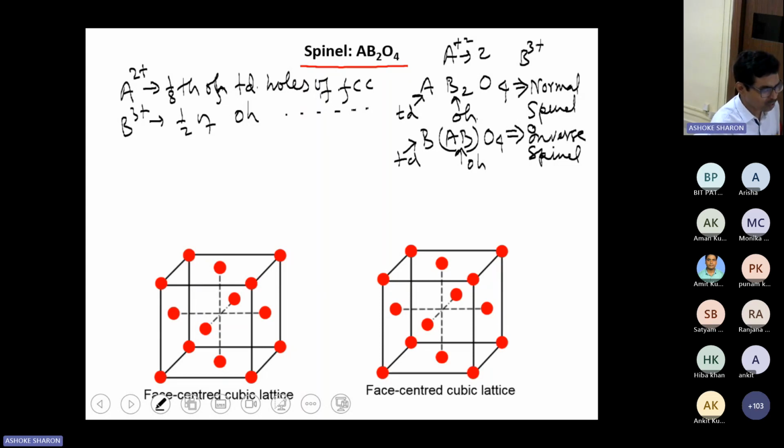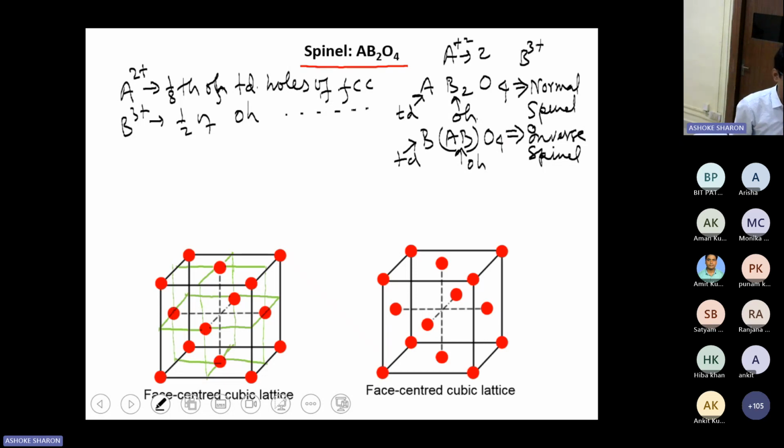So if I draw, you can see this is how an FCC lattice is seen.